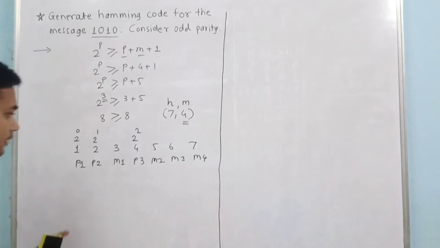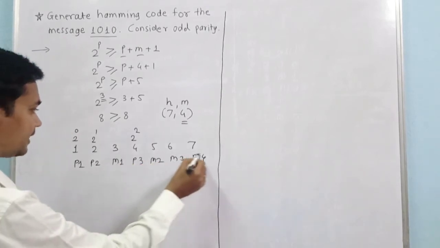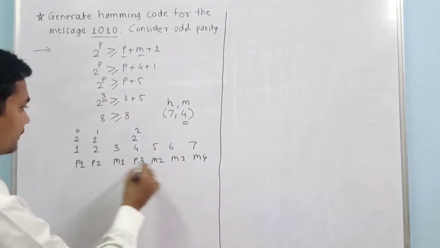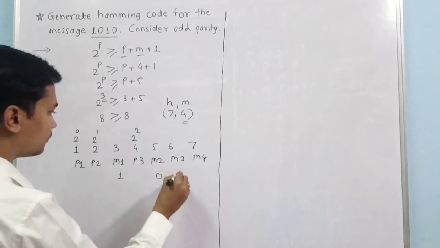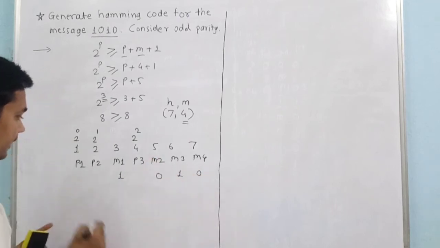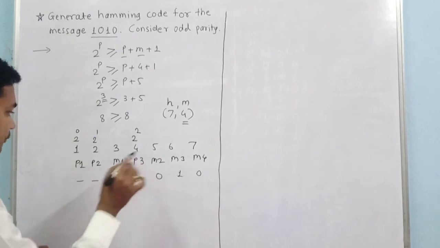Okay, so likewise we fix the message bits. Now these message bits are given in the example, that is 1010. Now we have to find out these blank positions, that is the parity bit positions.